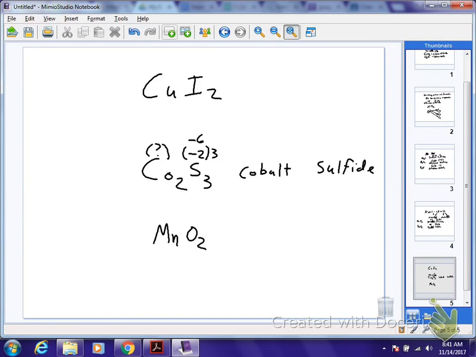All right? Now I have 2 of these. So the question is, for me to match that 6, what does the charge of cobalt have to be? 3. I found my charge. So when I write it, I'm going to write cobalt, or we'll start it over here, cobalt 3. Okay? So this is the charge that I'm trying to find so I can write cobalt correctly.